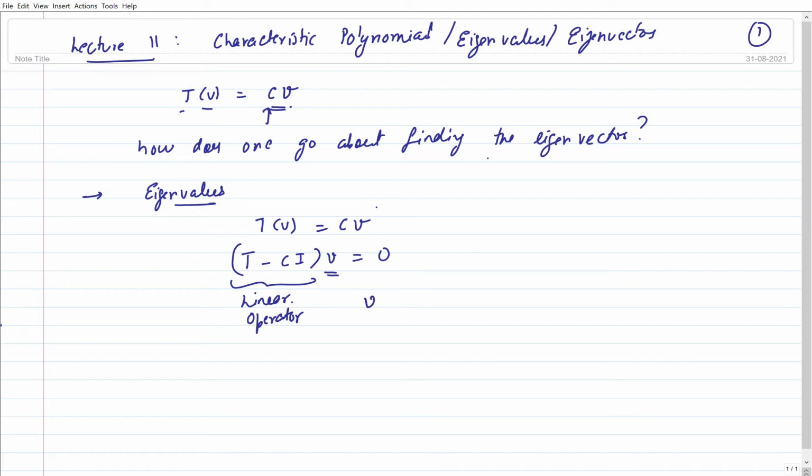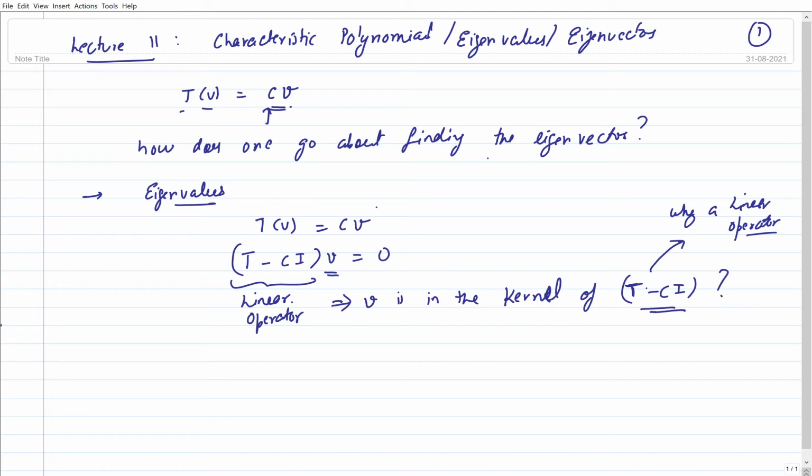This implies the vector V is in the kernel of the linear operator T minus C I. First of all, why should this be a linear operator? Well, you can show it. This is not a big deal. This is the sum of two linear transformations, so it will be a linear operator.